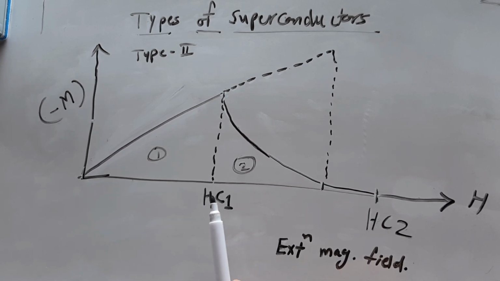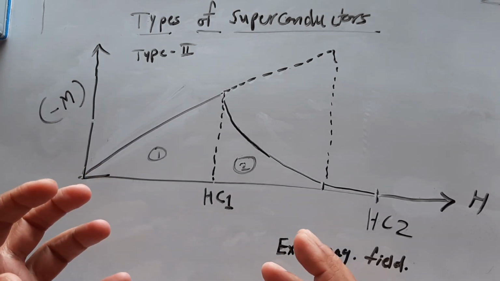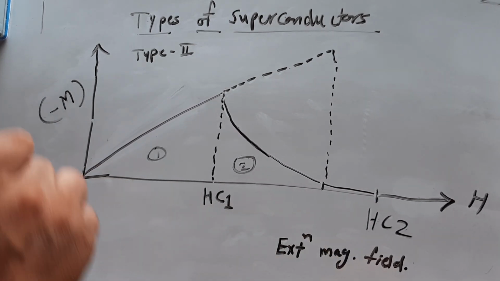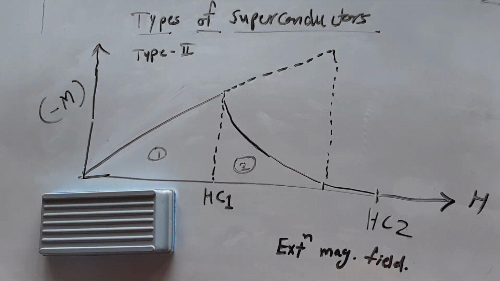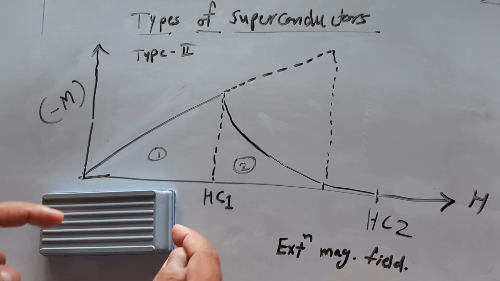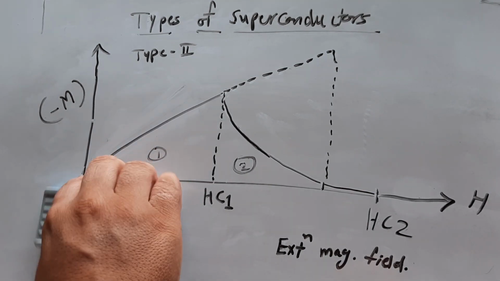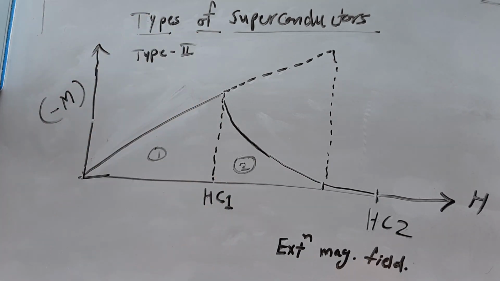So what is happening is flux starts penetrating, but it does not penetrate completely. If this is the superconductor, then at this point, or a little bit above Hc1, the field will be able to penetrate a little bit in depth from all directions, but not completely. That is the main difference between type 2 and type 1.